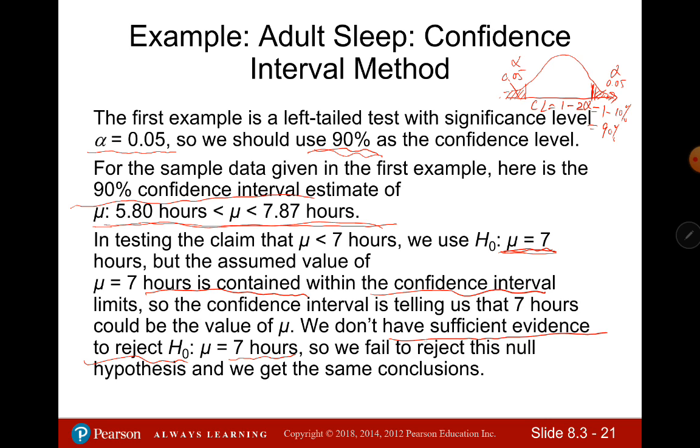We do not have sufficient evidence to reject this null hypothesis. So in this case, the confidence interval method draws the same conclusion as the previous two methods, the critical value method and the p-value method. But I would say we still recommend using the p-value method and the critical value method to do the testing, and the confidence interval just for estimating.